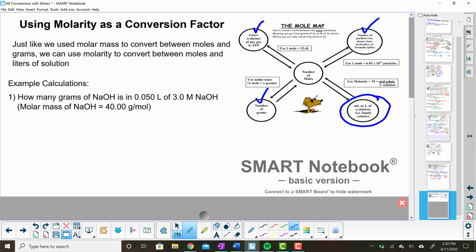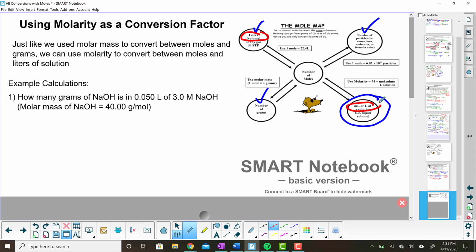Just like we used molar mass to convert between moles and grams, we can use molarity to convert between moles and liters. But you have to be careful. You'll notice that liters is on both sides of this mole map. We've got liters on the top left, and we've got liters on the bottom right.